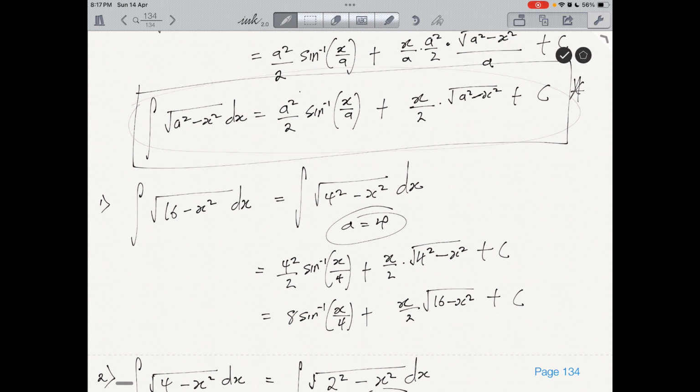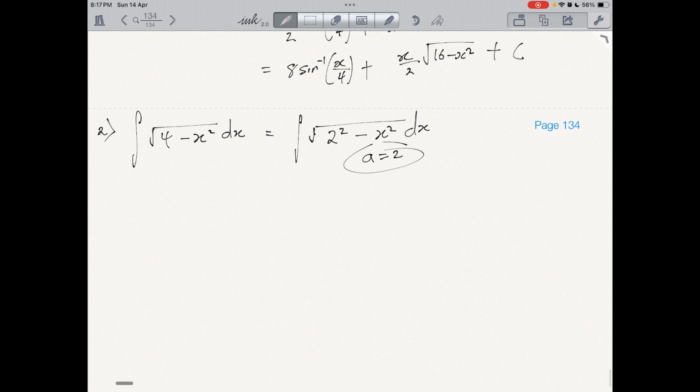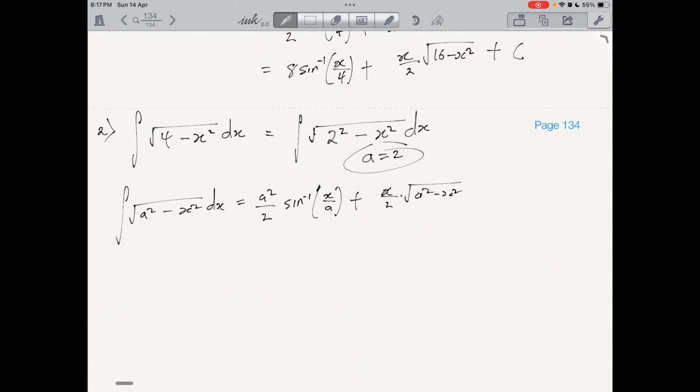Revising the principle, the square root of a squared minus x squared integrated with respect to x is equal to a squared over 2 arc sine x over a plus x over 2 multiplied by the square root of a squared minus x squared plus c.